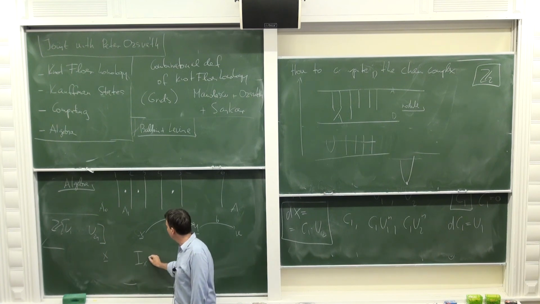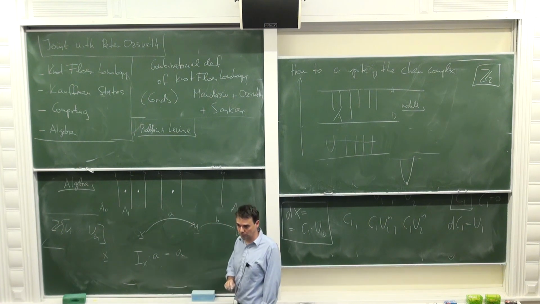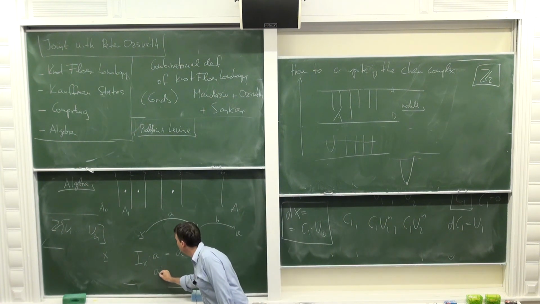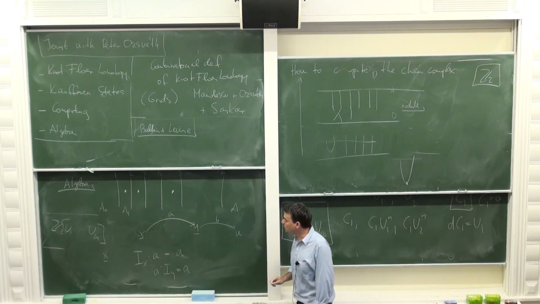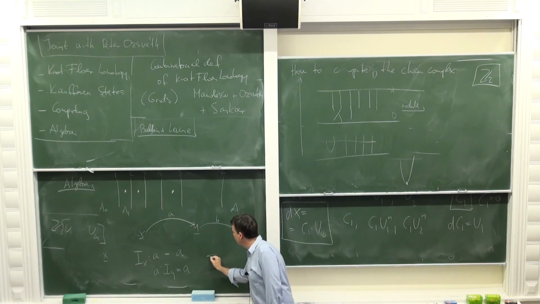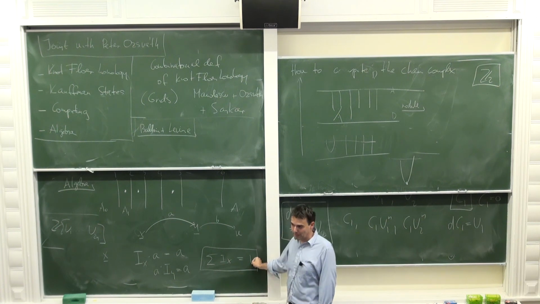If I multiply an idempotent I with A, I get A back, and similarly, if I multiply A with I1, I also get A back. And I could take the sum of these idempotents, and that is what I want to think of as 1.